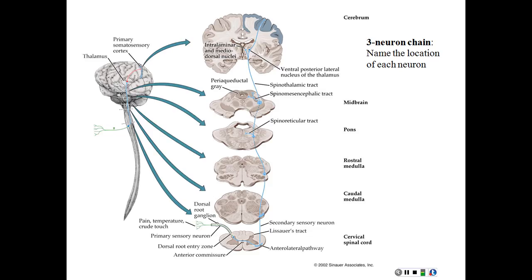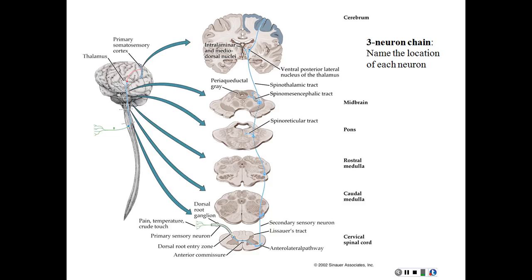But the important thing here is the fact that the second neuron is found in the spinal cord, not in the medulla. And its axon then crosses in front of that central canal in this thing called the anterior commissure. And then it ascends in this anterolateral positioning in the spinal cord, which really means that as the information for pain and temperature is ascending in the spinal cord, it's already bringing in that contralateral information.